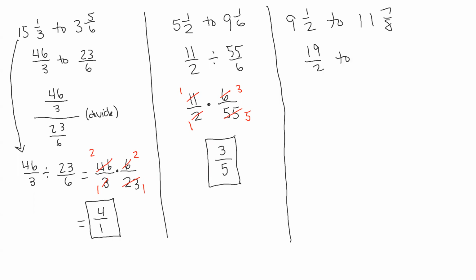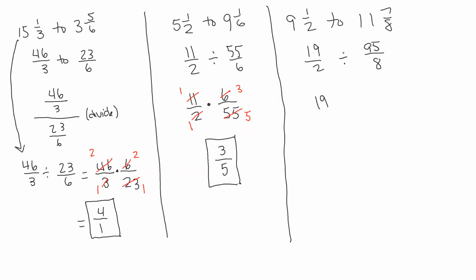So I get 19 halves. And let's just jump to the division like I did in the previous example. And then for 11 7/8, 8 times 11 is 88. 88 plus 7 is 95. So I get 95 eighths.